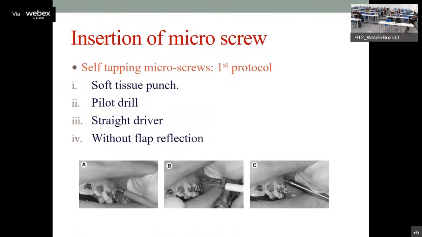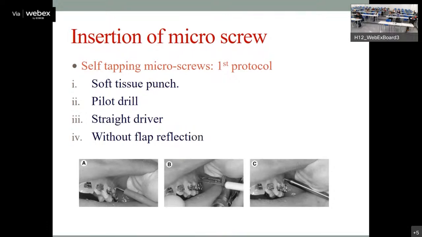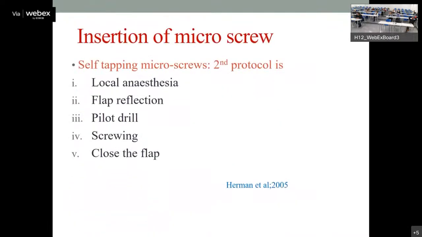Use a handpiece to create a pilot hole, and then after that use a straight driver to screw your microscrew without a flap. The second protocol is with raising a surgical flap. So you need to give full local anesthesia. You reflect a flap and then you directly drill and create your pilot hole. You do the screwing and then you close the flap.